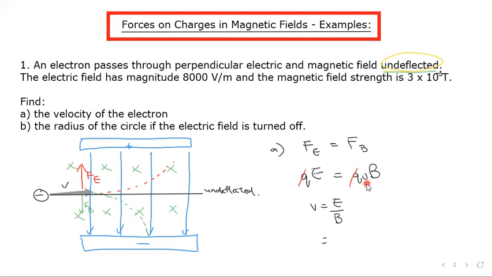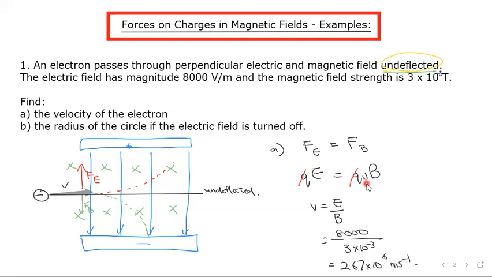So E is 8,000 volt per meter. B is 3 times 10 to the -3. So in this case, you're getting an answer of 2.67 times 10 to the 6 meters per second. So that is your answer to part A.